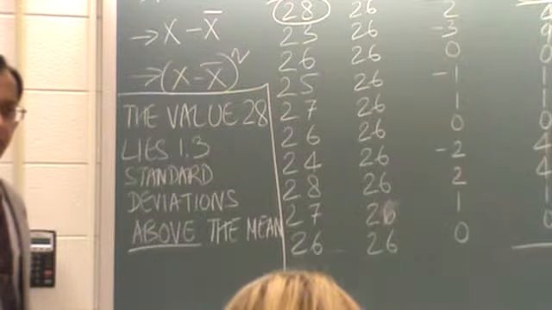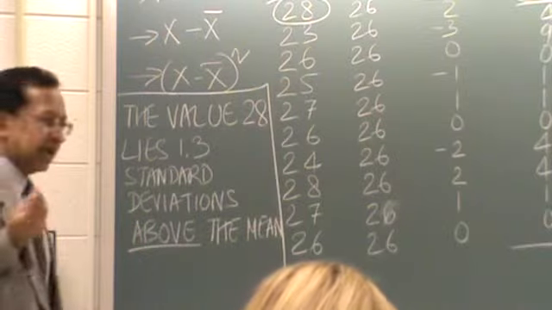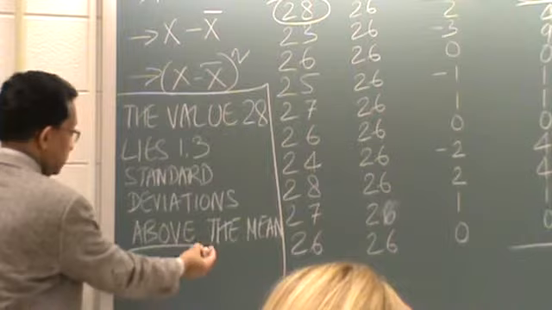That's how we write it. So now we are statistically explaining the exact location of the value 28 in terms of the mean.